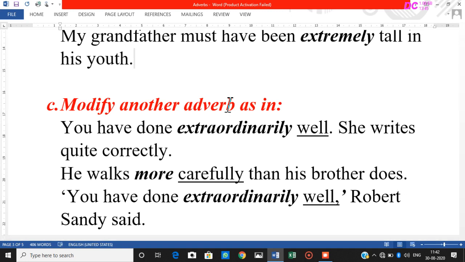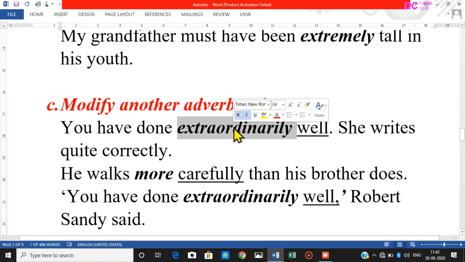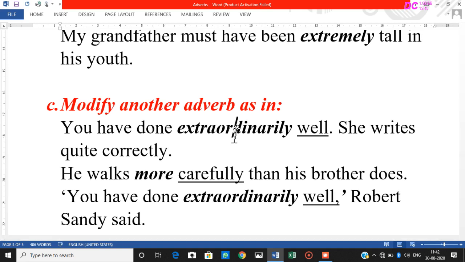You have done extraordinarily well, she writes. You have done extraordinarily well. She writes quite correctly. Now see, here well is not an adjective, it is an adverb, because it modifies the word done.